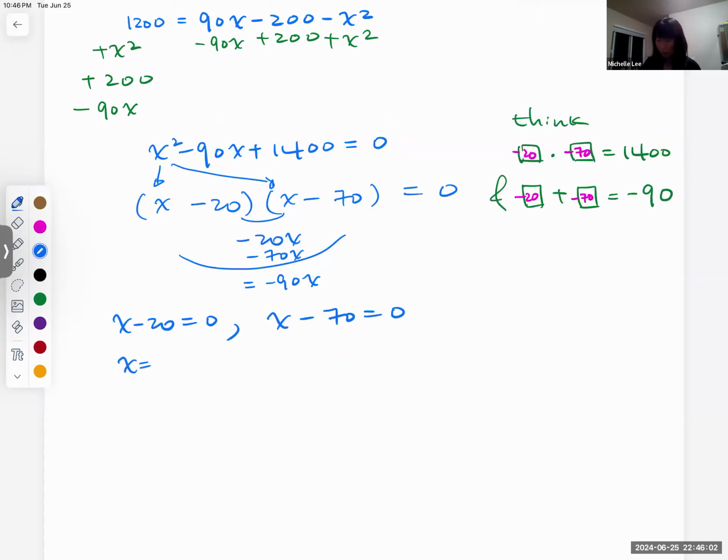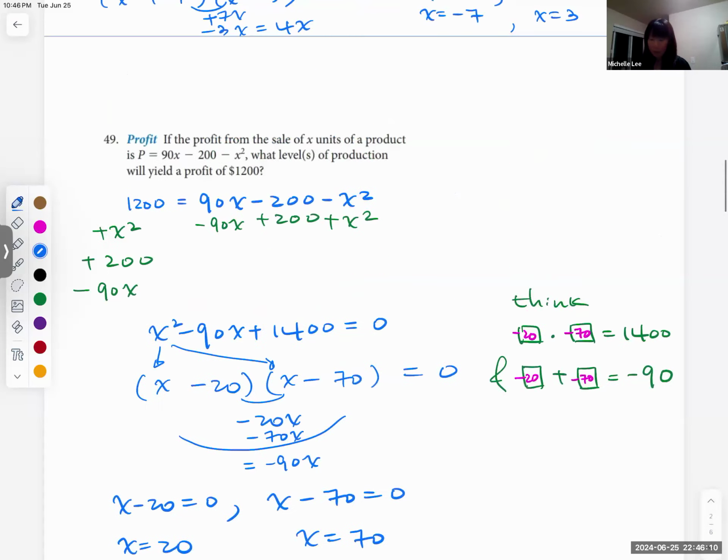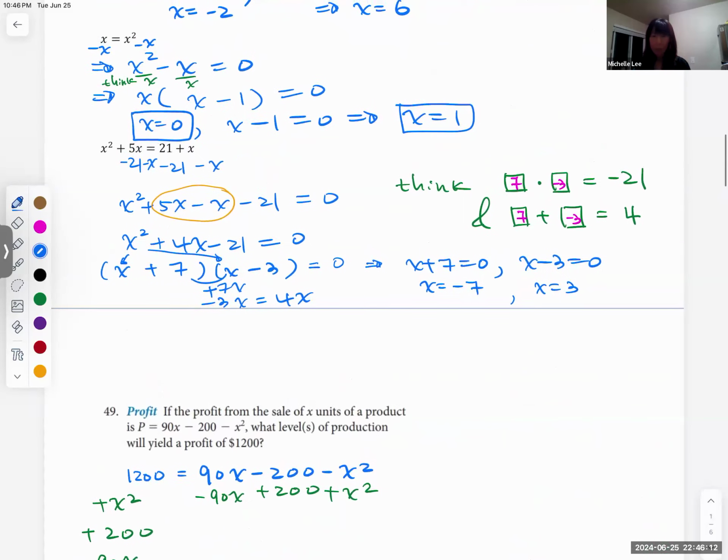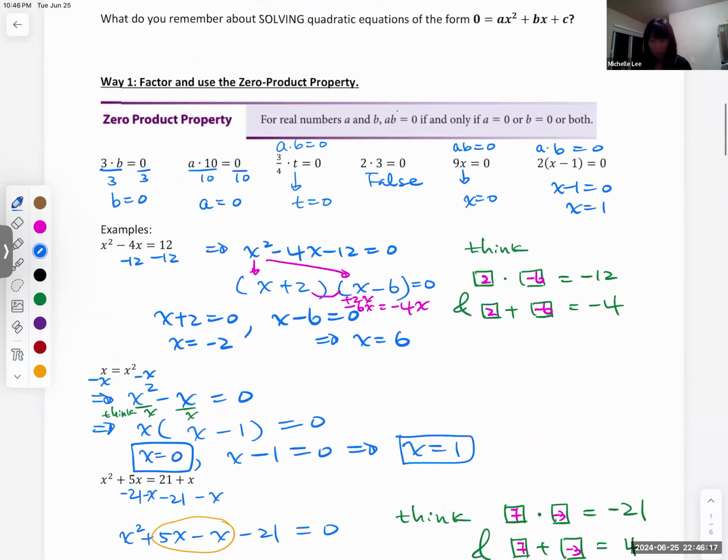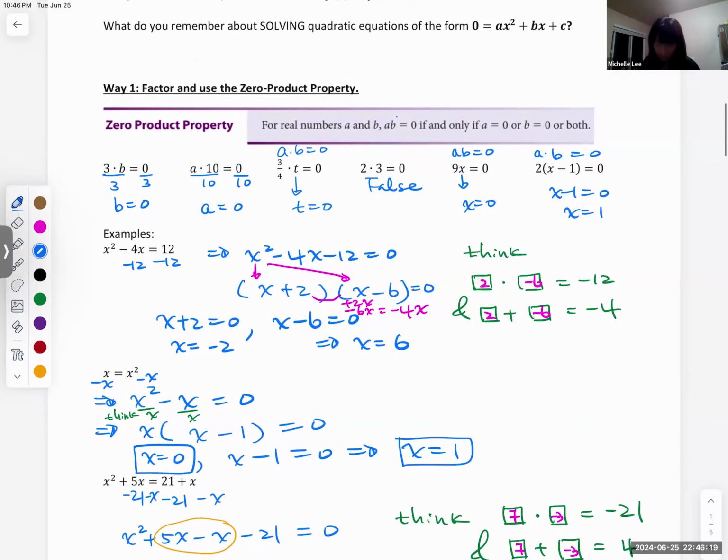So in that case, x equals 20, x equals 70, right? So this is the first way we can solve the quadratic equation: factor and use the zero product property.